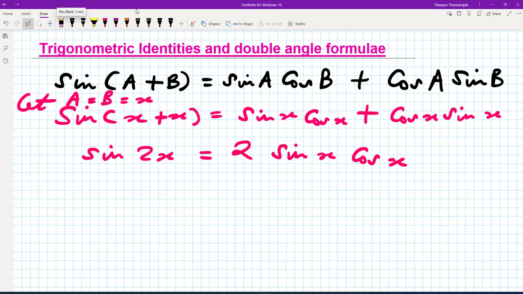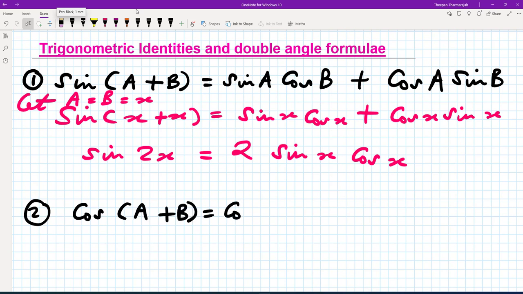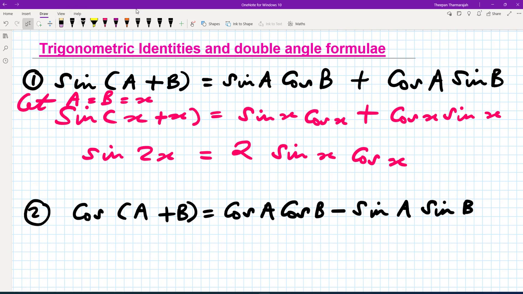Now we're going to move on to cosine A plus B. So we can write the addition formula for cos A plus B. So it's cos A cos B. So if there's a plus here, there must be a minus here. So it's minus sine A sine B. And then what we can do here is say again, let A equal B, which is equal to x.